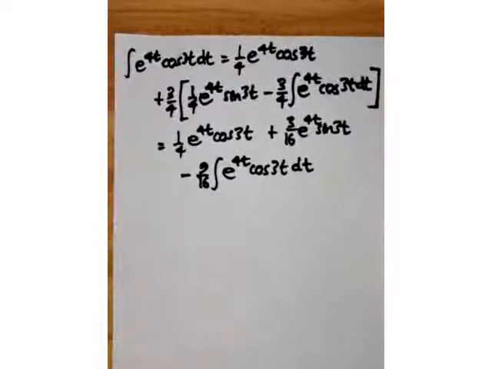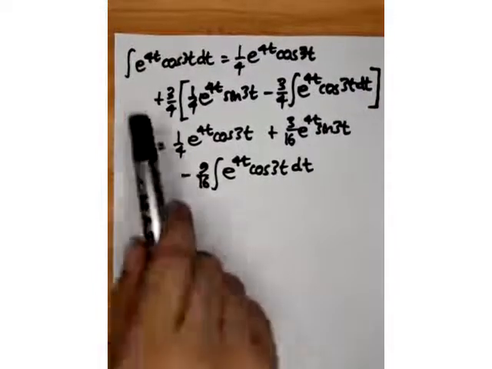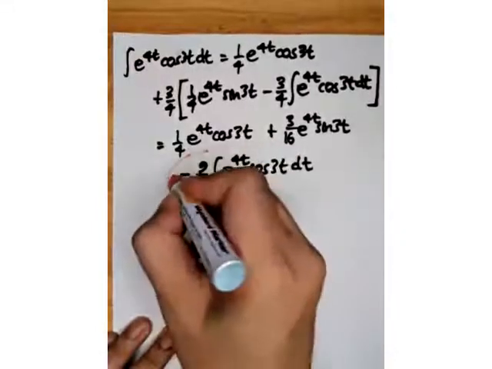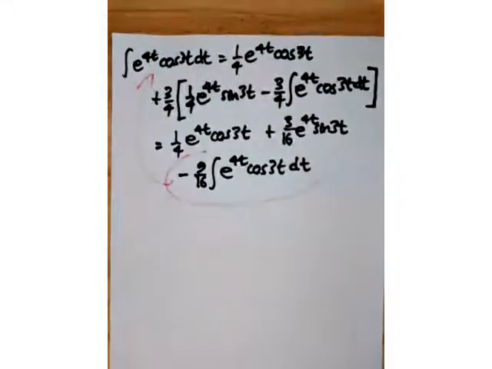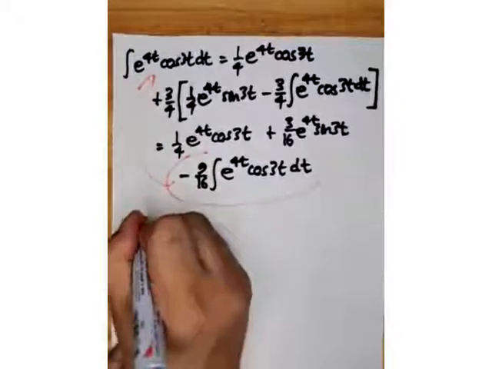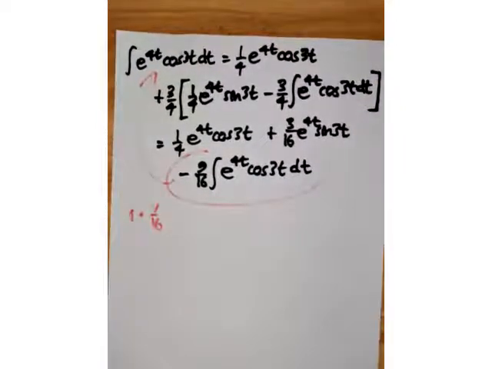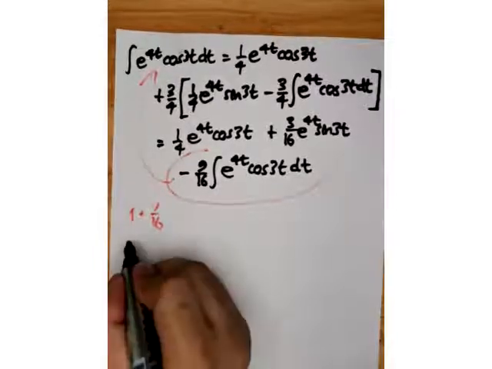And then we transpose this over here. So it becomes 1 plus 9/16. So what's 1 plus 9/16? Okay, 25/16.